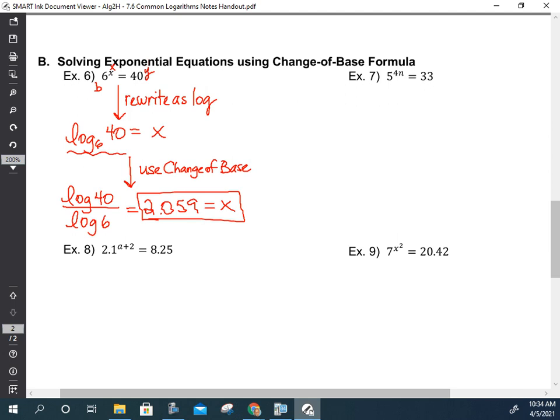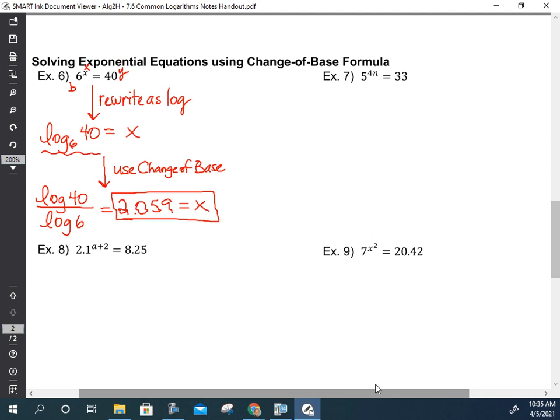All right, so example 7. Example 7 is no different than example 6. There's no way that you can write 33 as 5 to some power. So we're going to rewrite it as a logarithm.